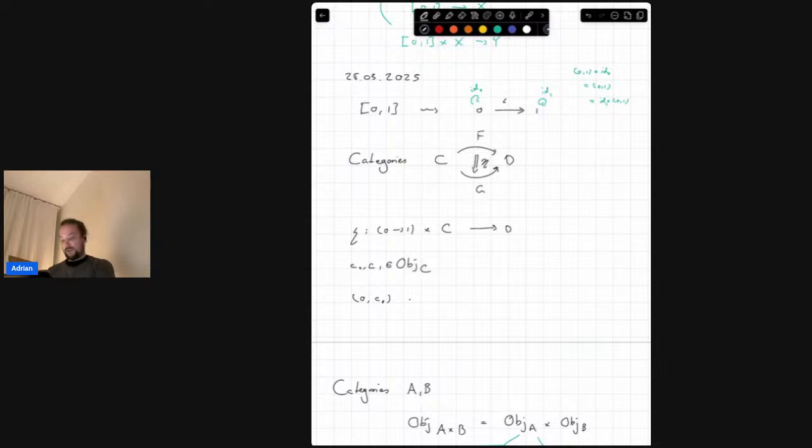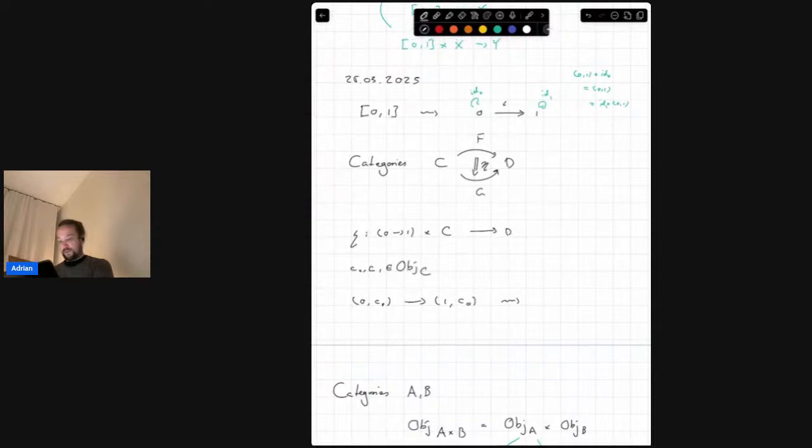So whenever I have a morphism from 0, C0, to 1, C0, then this gives me some morphism from eta 0 C0 to eta 1 C0.